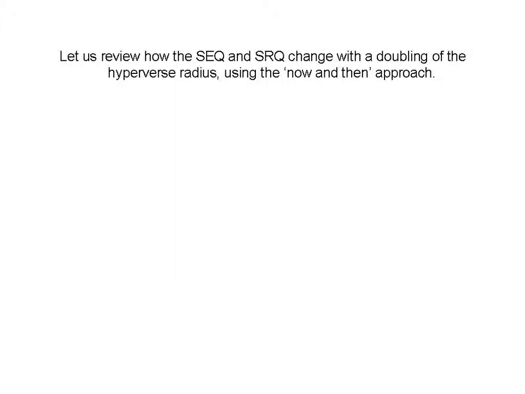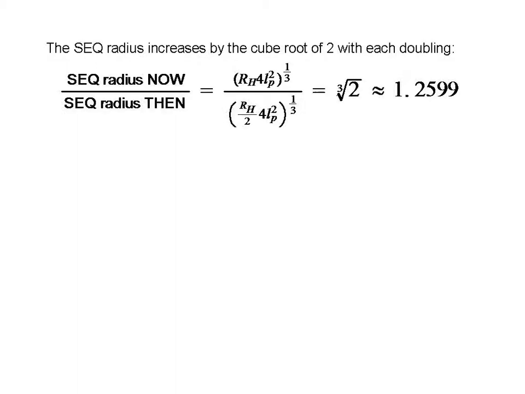Let us review how the SEQ and SRQ change with a doubling of the hyperverse radius using the now and then approach. Comparing the SEQ radius now to the SEQ radius then, when the universe was half its age, we find that the radius of the SEQ increases with a doubling by a factor of the cube root of 2, which is about 1.2599.